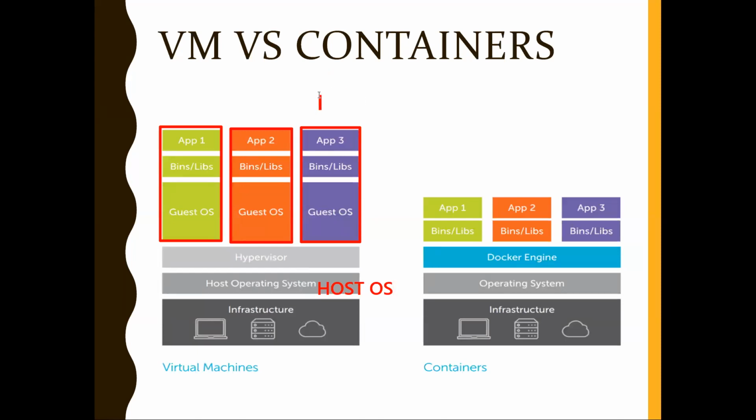Let's say this VM consumes 30 GB, so we'll allocate the 30 GB from the host. Out of this 30 GB, the majority of the resources will be consumed by the guest OS itself, maybe 15 GB for this OS, and the rest of the 15 GB for this app and the dependencies.